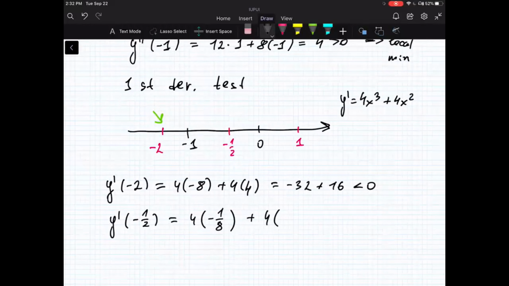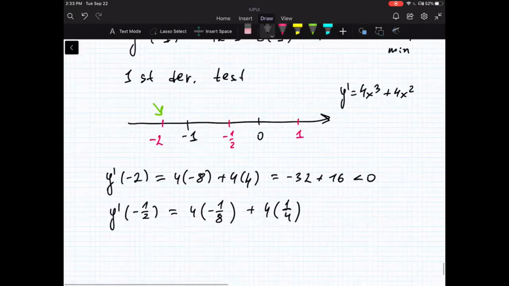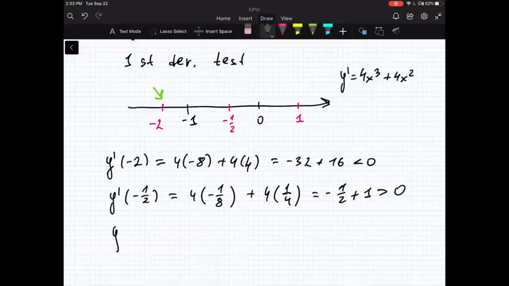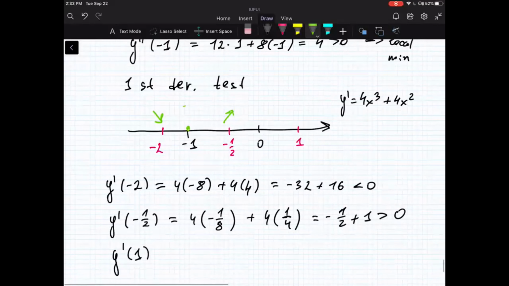And here will be 1/4. And so that gives me minus 1/2 plus 1, which is 1/2, which is greater than 0. So here I have that my function is increasing. So indeed, minus 1 is a local minimum.